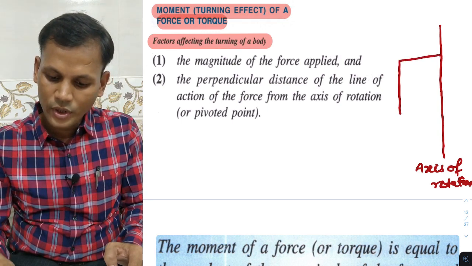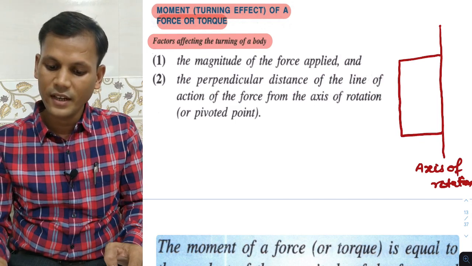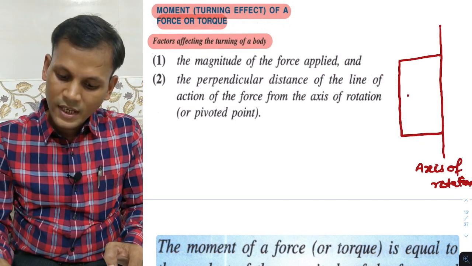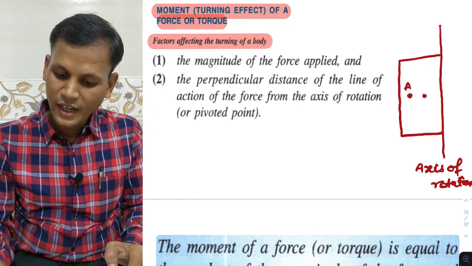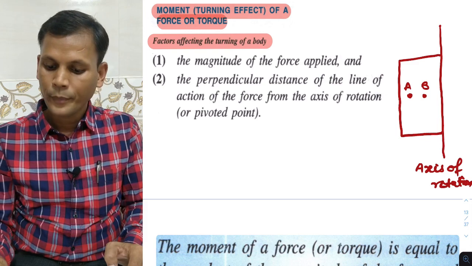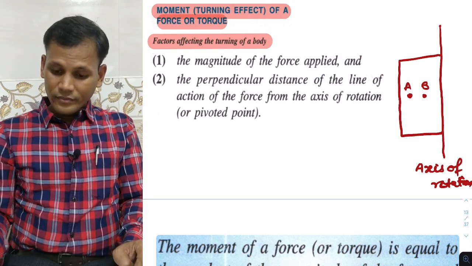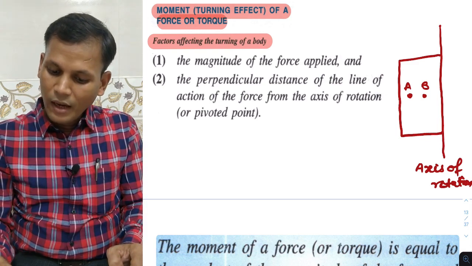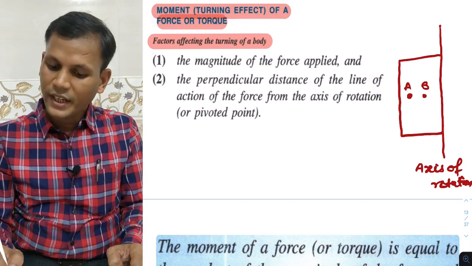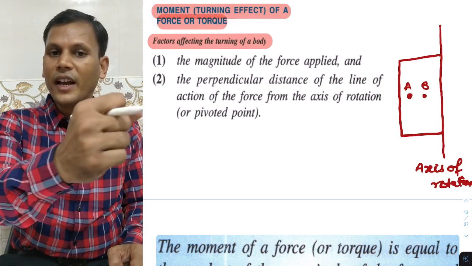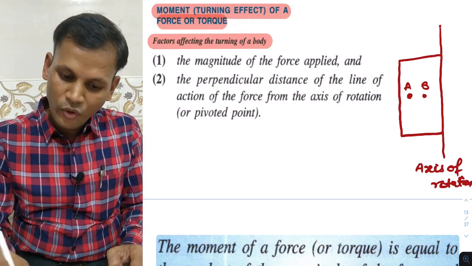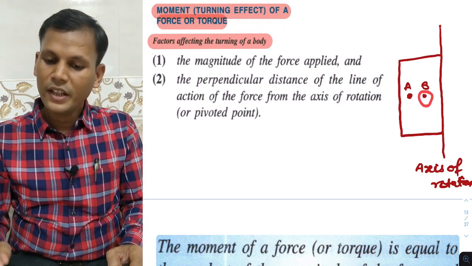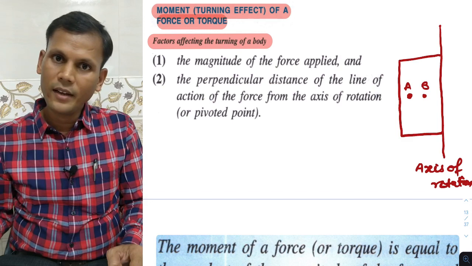There are several places: one handle is at point A, another handle is at point B. If we apply force at point A, we can easily open or close the door. But if we apply force at point B, then we have to apply more force.